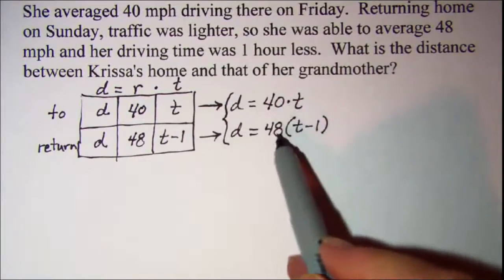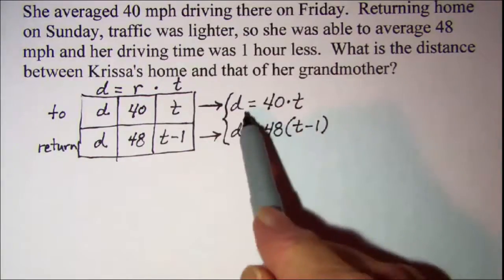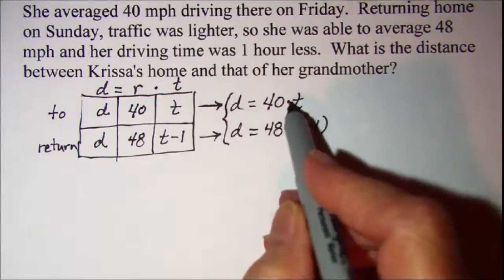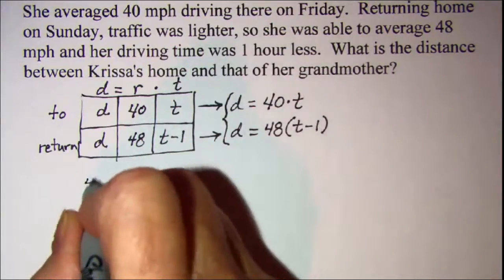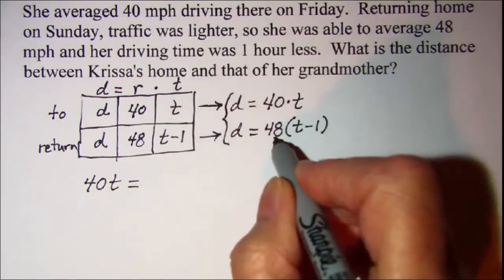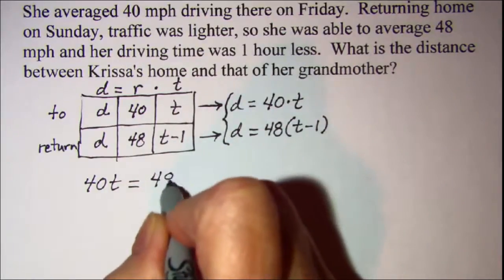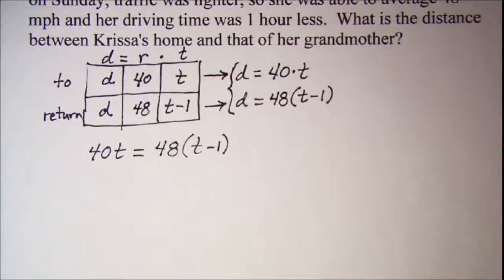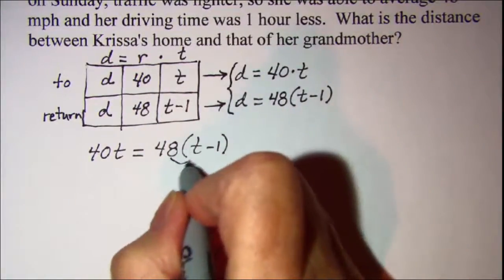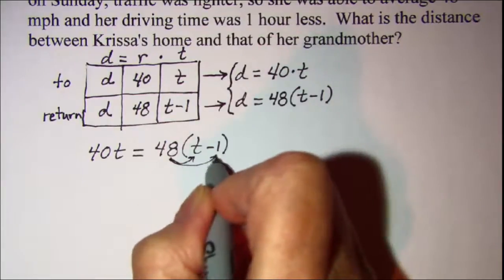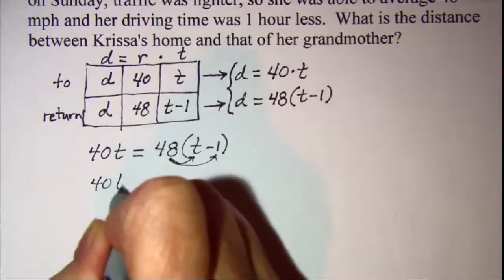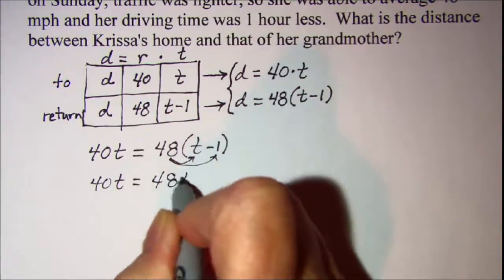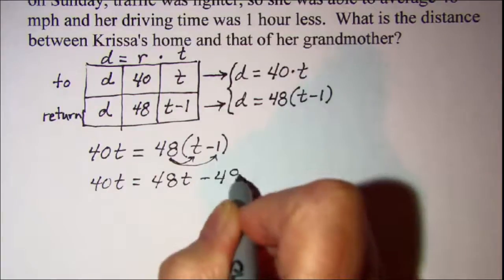I think substitution is what I'll use. Since they're both equal to D, I can set them equal to each other. So I have 40T is equal to 48 times the quantity T minus 1. Now we just need to distribute the 48 through the binomial. So 40T is equal to 48T minus 48.